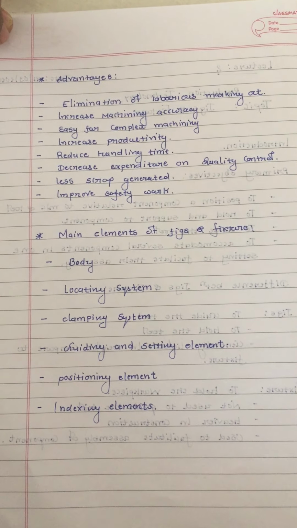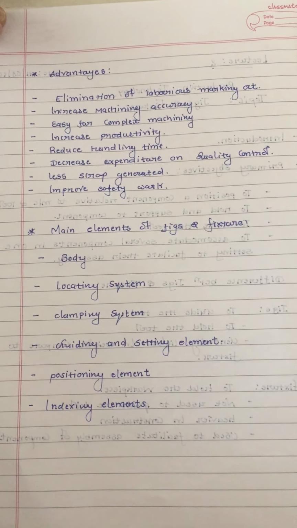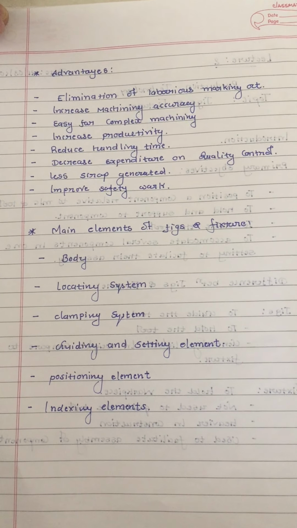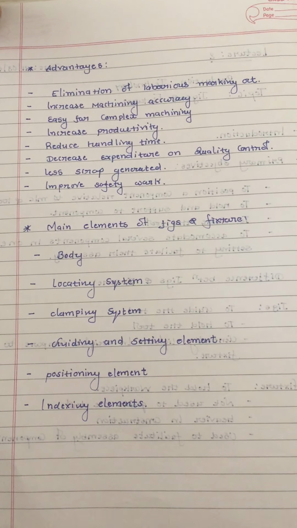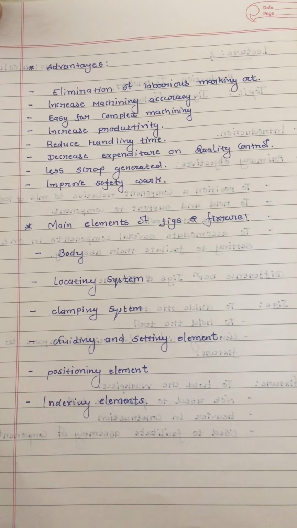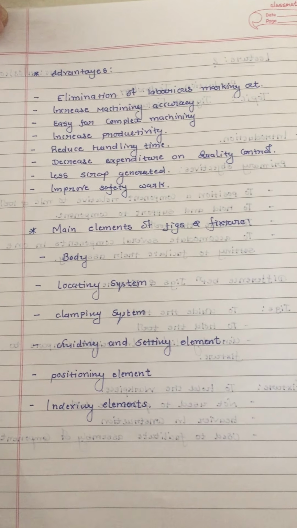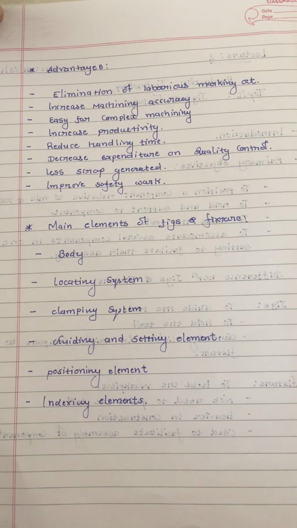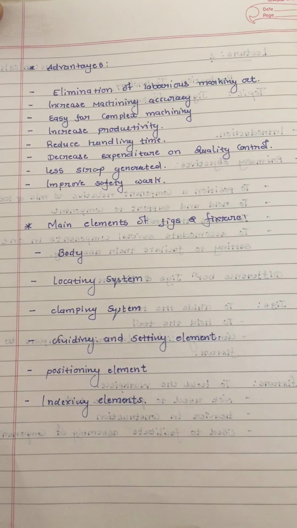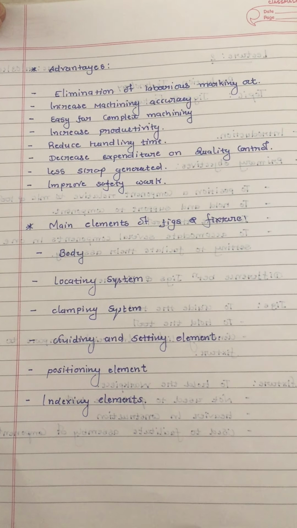Based on the basic objectives discussed in the previous topic, the jigs are always used to guide the tool, which is helpful during the marking operations. They are guiding the tool at the exact location point, right?